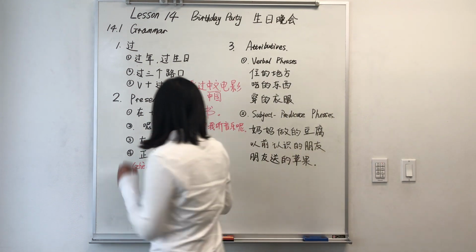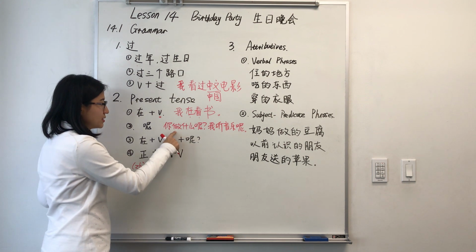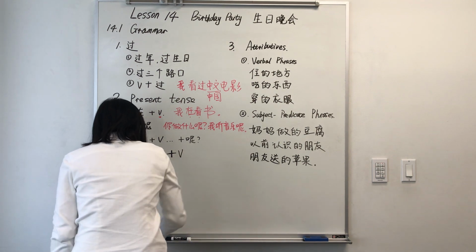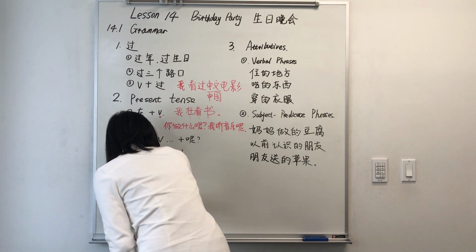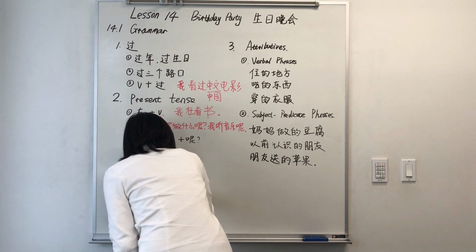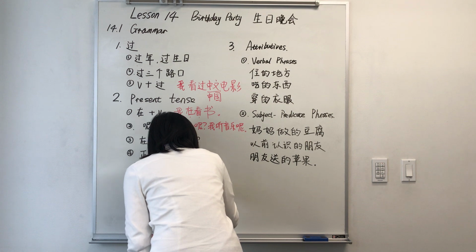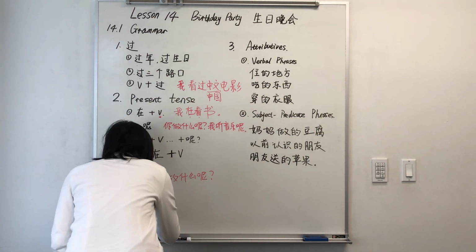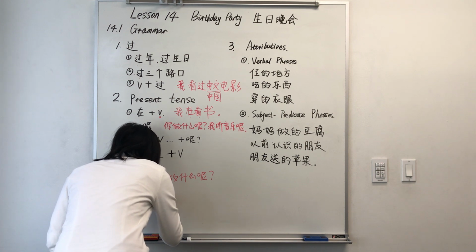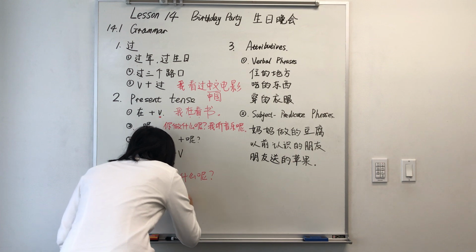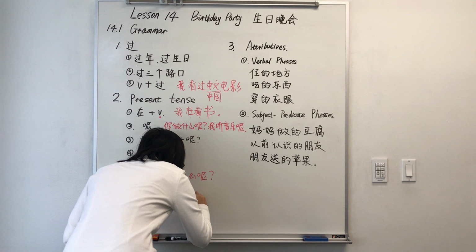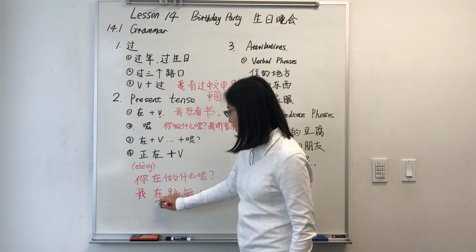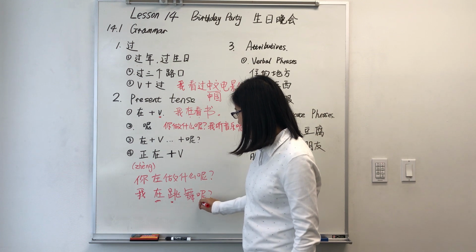For example, 你在做什么呢？ What are you doing? 我在跳舞呢. I'm dancing. 我在 plus a verb 跳舞, 我在跳舞呢. Combine the first one and second one together.